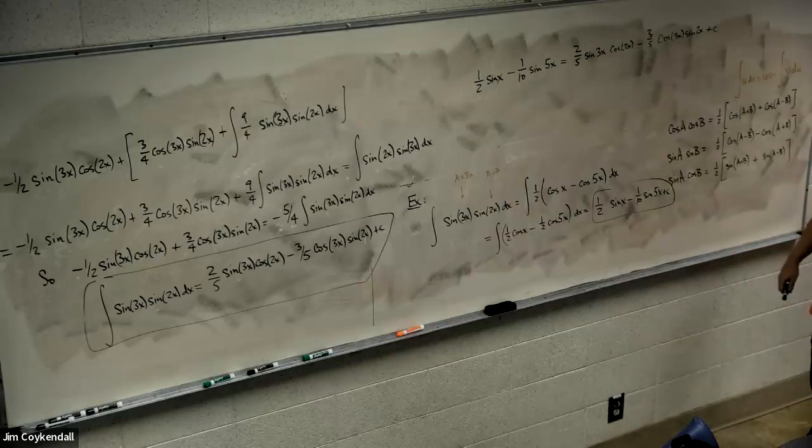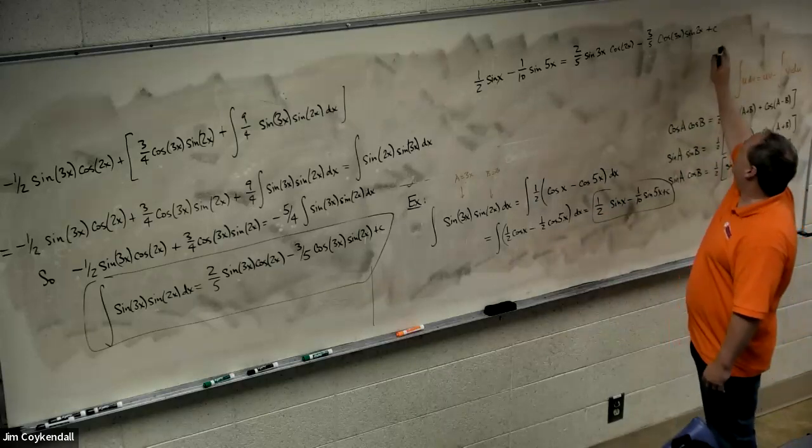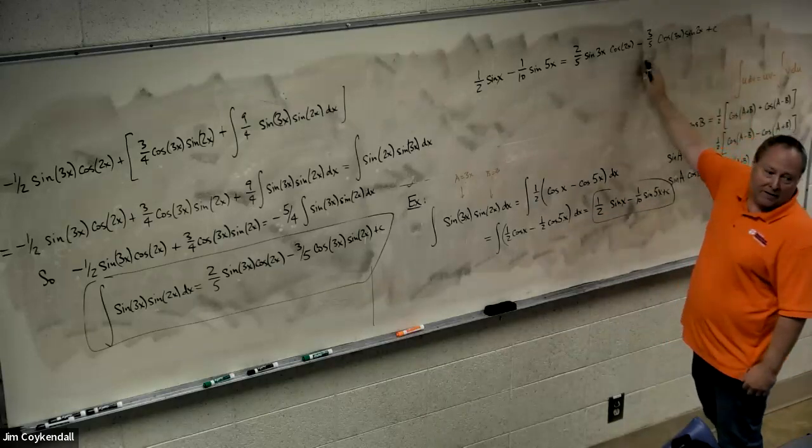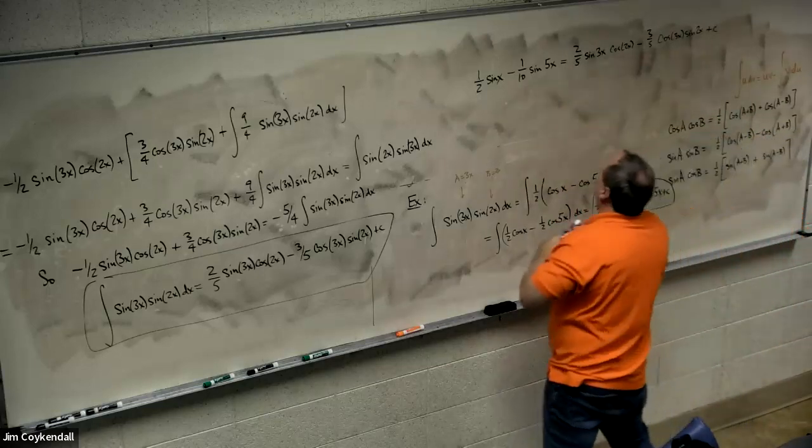And remember, these two things are both antiderivatives of the same thing, so they vary by a constant. Notice when I plug in x equals 0, I get 0, 0, 0, so C is 0.